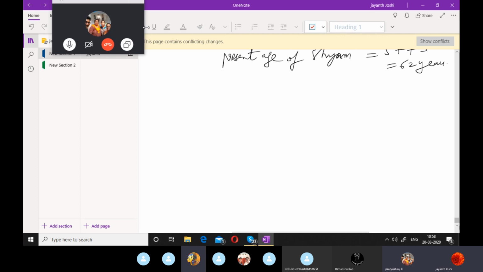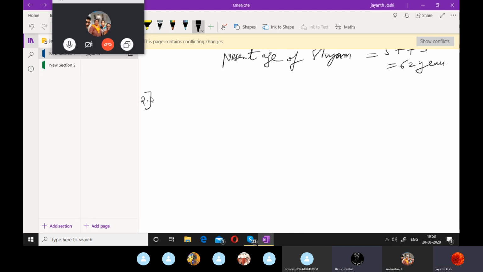Question number 2. The ratio between the percentage of A and B is 2:5.